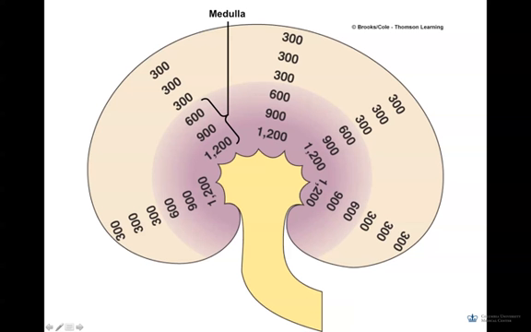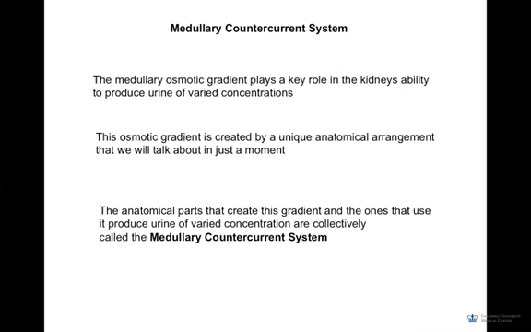It's a standing osmotic gradient, and it's this standing osmotic gradient that allows us to vary how much water is reabsorbed. We can reabsorb a little or we can reabsorb a lot and produce urine of varying concentrations.